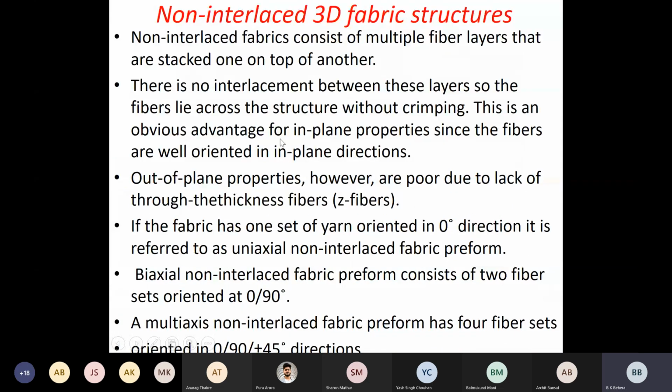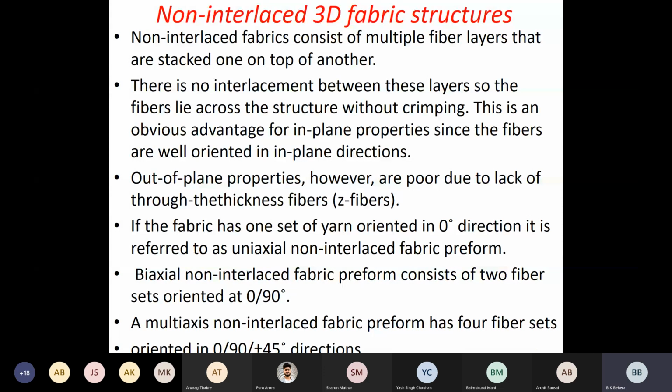That is the point written here. Because of this, the in-plane properties are very good. Whereas the out-of-plane property, meaning property in thickness direction, property in Z axis or Z plane, is very, very poor, because we don't have any yarn in Z axis in thickness direction.